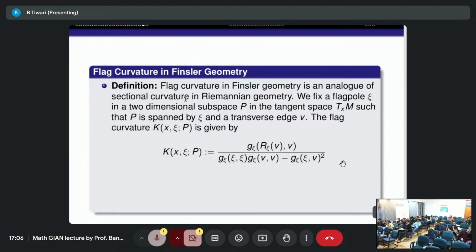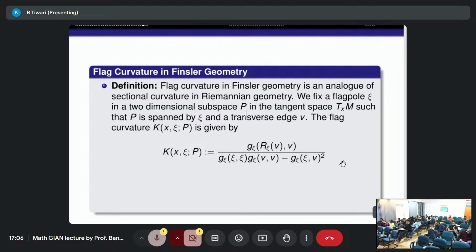But here, in that two-dimensional subspace, I am again fixing a pole ξ. With respect to that flag pole I define the flag curvature with the same formula. The only thing is that almost everything is direction dependent.